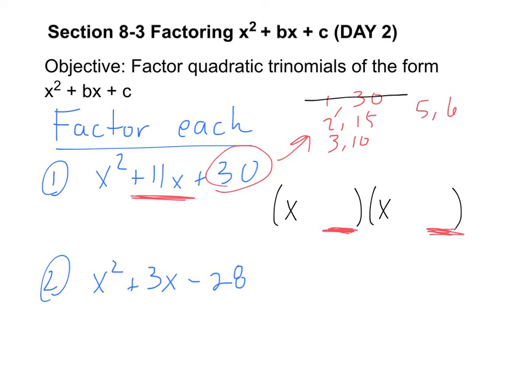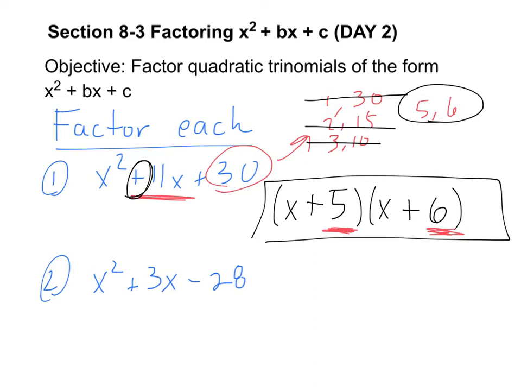Can I get 11 from 2 and 15 no matter how I arrange them? Nope. 3 and 10? We're close. We get 13. Or 7? Nope. But here we go. We find a solution. 5 and 6, I can find a positive 11 if I give 5 and 6 both plus signs. So there's a gentle review from the previous video.